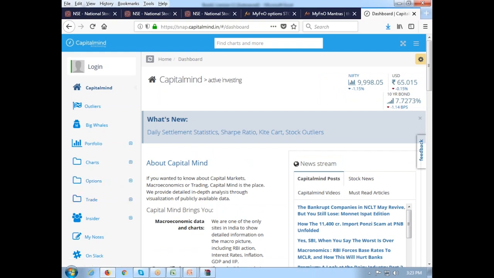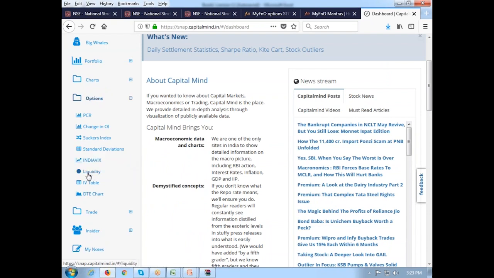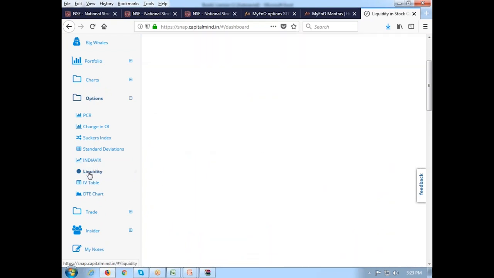The two sections that I like the most, at least as far as FNO is concerned: one is the FNO chart, and another is this one, PCR, change in OI, standard deviation, liquidity, IV table. This is a good one. So I click on liquidity.